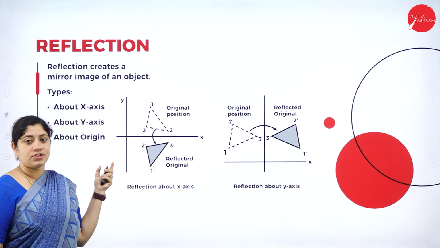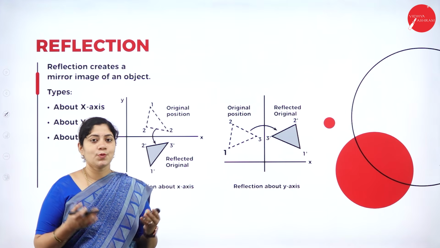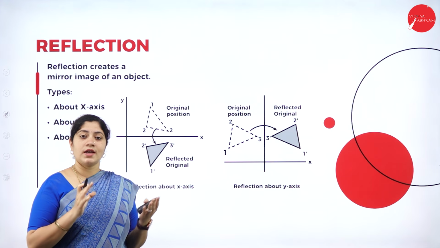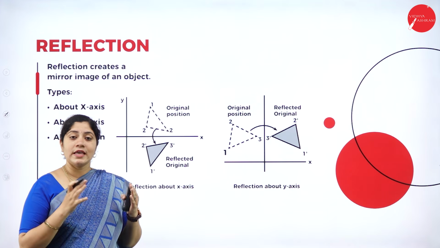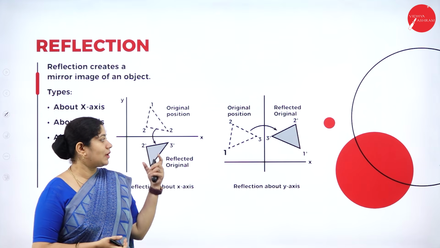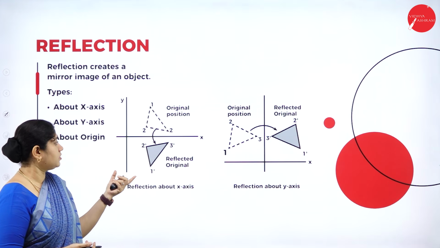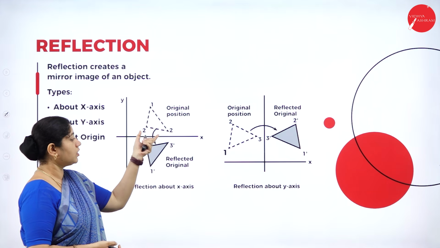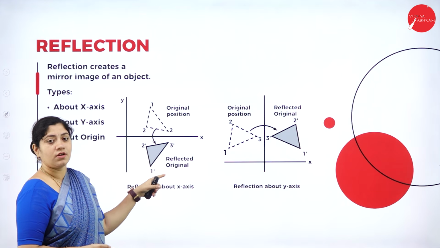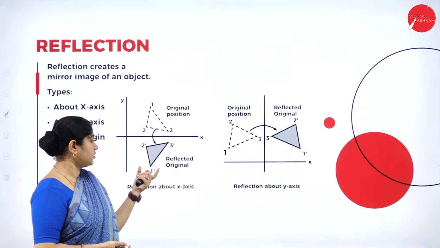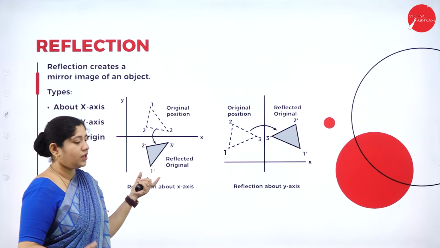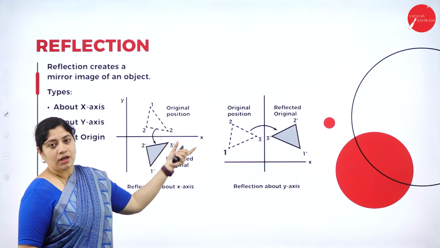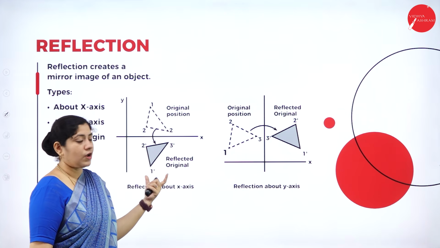It is reflection. Through reflection, we know that we can get a mirror image of the existing object, right? So let's understand it through the images over here. We have the original position of the image here, and we are getting a reflected object in our next plane, correct? So that is the minus of x and minus of y plane.